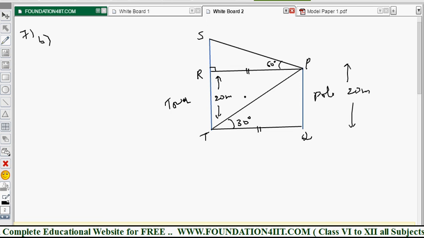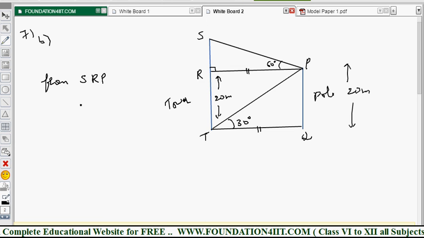Yes, this is R. Now, first we will find TQ or QT, and that value is equal to PR. So we can take two triangles simultaneously. First triangle SRP.